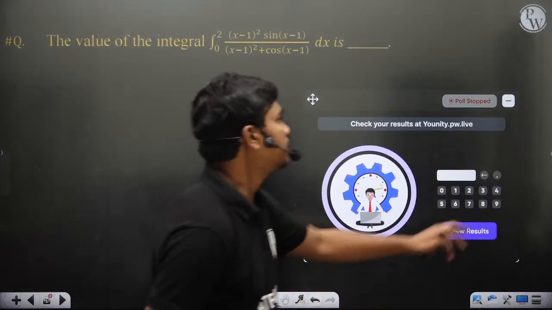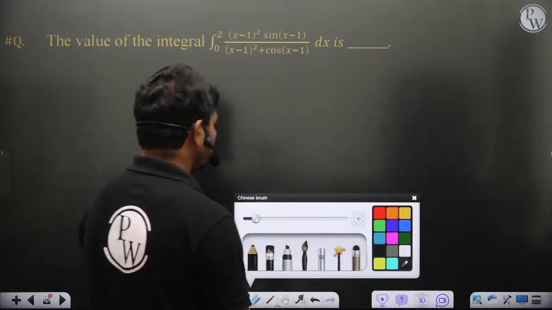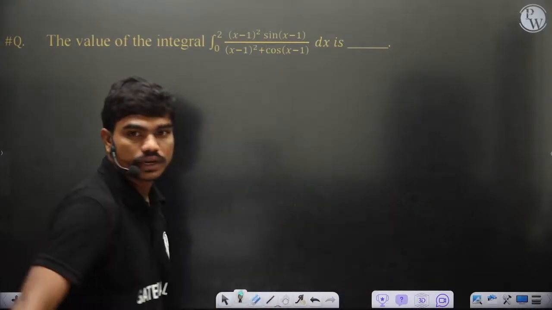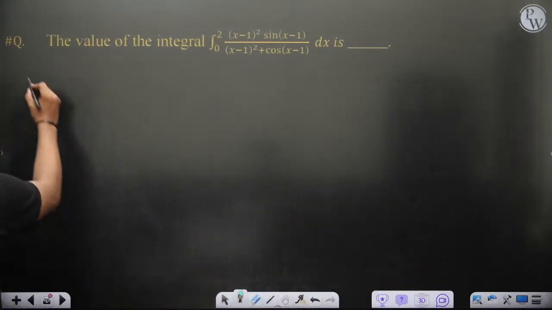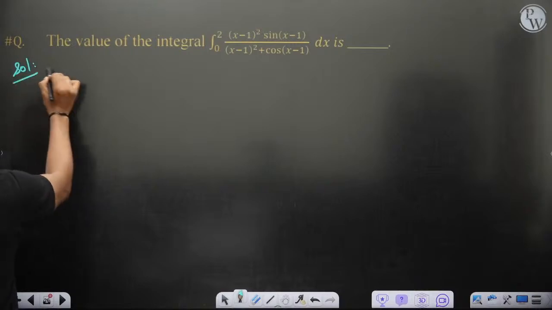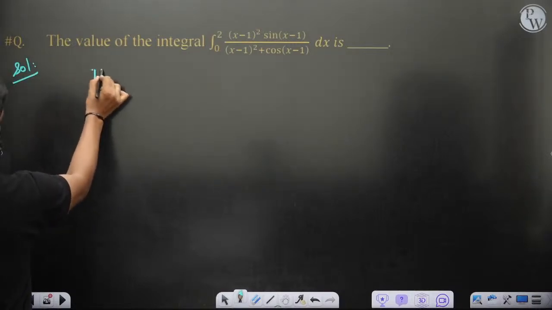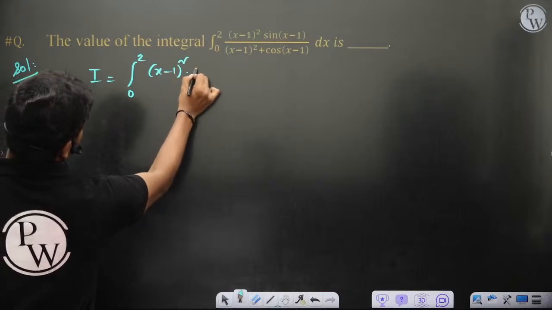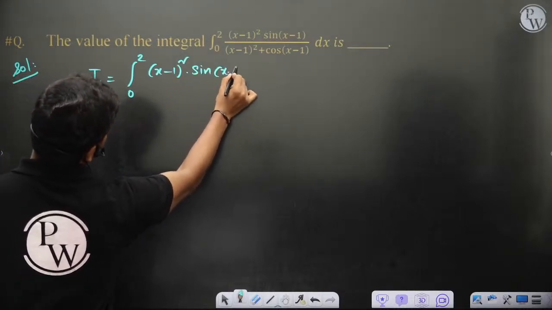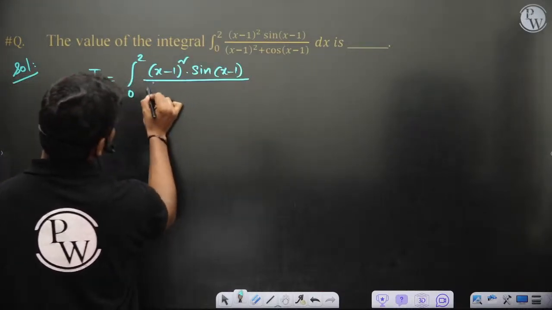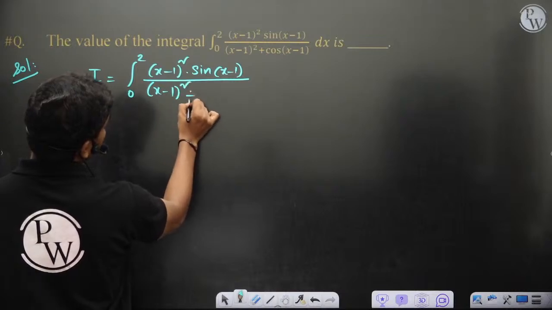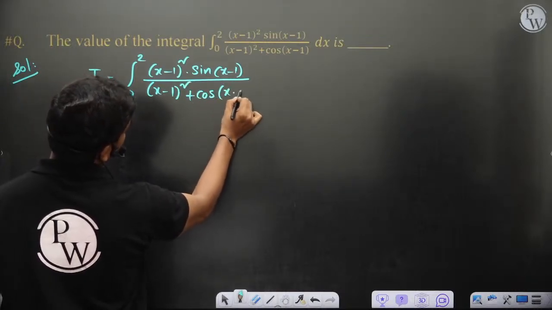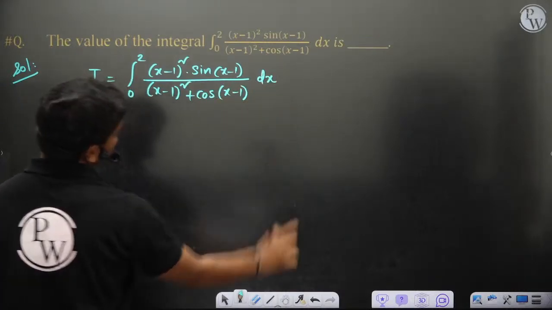Okay, so let's solve this integration. Maybe one of you is telling 0, one of you is telling 1. No, it is 2. So let's check the solution. I is equal to integral 0 to 2 of (x minus 1) whole square times sine of (x minus 1) by (x minus 1) whole square plus cos (x minus 1) dx. So this is what we have.